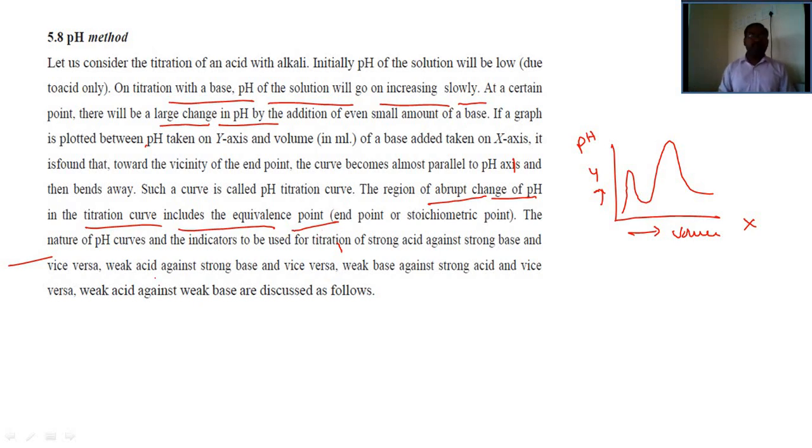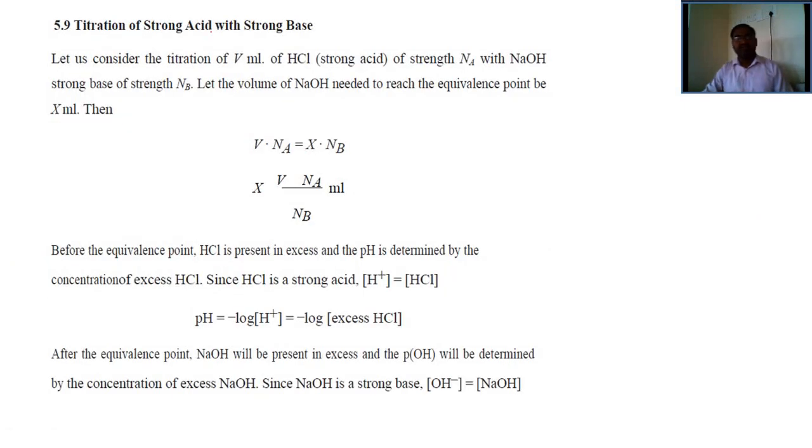The nature of pH curves and indicators to be used for titrations of strong acids against strong base and vice versa, weak acid against strong base and vice versa, and weak base against strong acid and vice versa. Titration of strong acid with strong base.